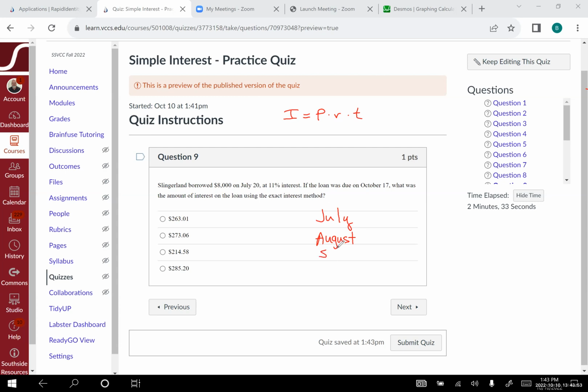So since this starts in July and ends in October, it covers part of July, all of August and September, and part of October. So those are the months that are involved. Then we have to figure out how many days we have to count out of each of those months.